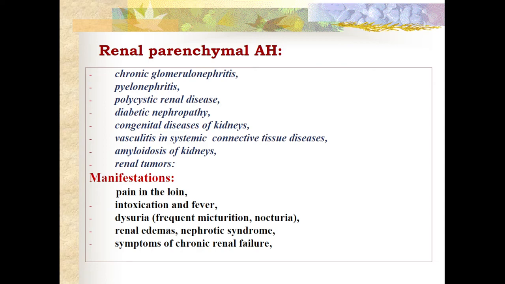In the first place of secondary arterial hypertension occur renal parenchymal diseases such as chronic glomerulonephritis, pyelonephritis, polycystic renal disease, diabetes mellitus, which can cause diabetic nephropathy, congenital diseases of kidneys, vasculitis and systemic connective tissue diseases, amyloidosis of kidneys, and renal tumors.